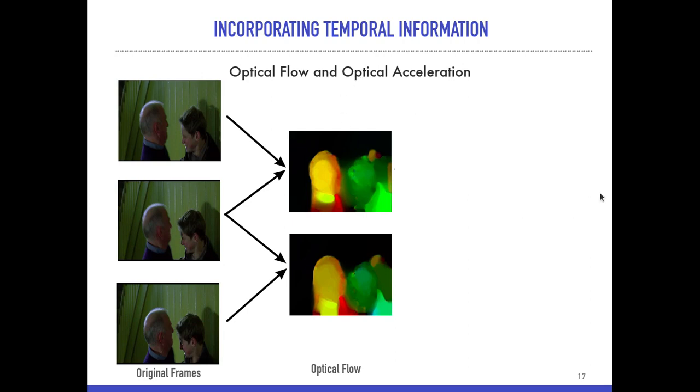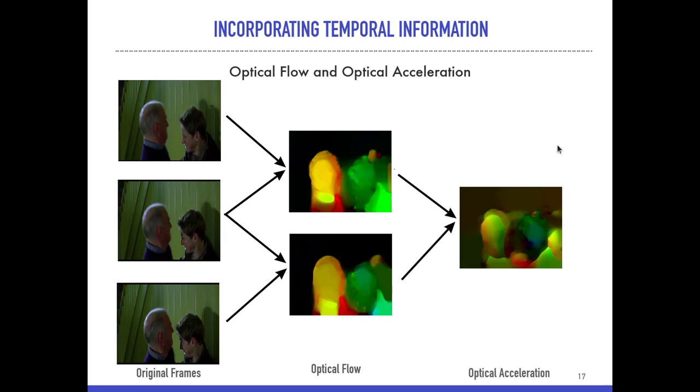And optical acceleration is another descriptor that builds on top of optical flow. Instead of calculating the displacement of a pixel from one frame to the next, it calculates the gradient of a pair of sequential optical flows, and we get something like this. This is sometimes better to detect sudden movements than optical flow itself, since the difference between two sequential frames can be very subtle, but the difference in how the objects moved can be more apparent.